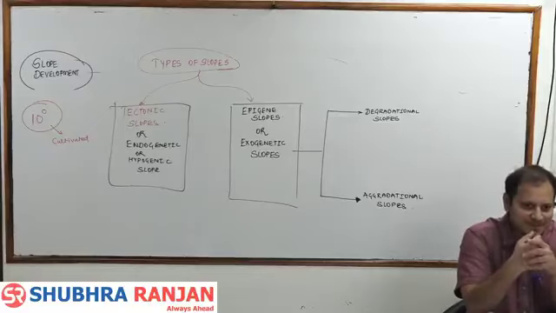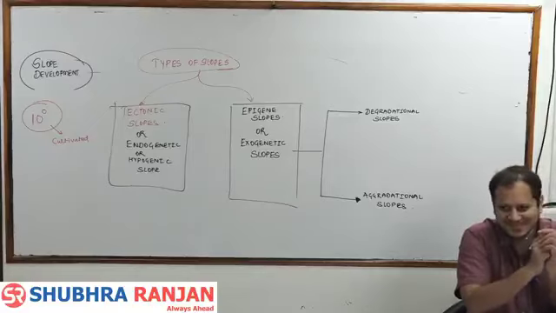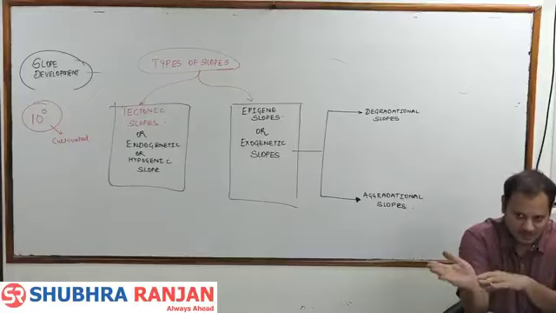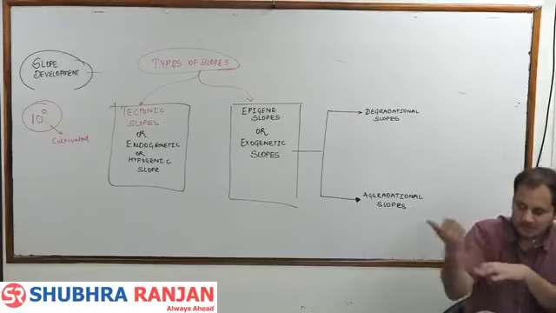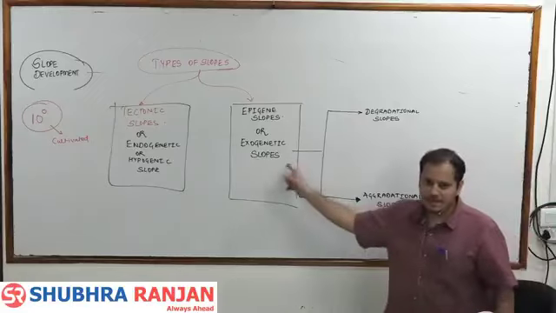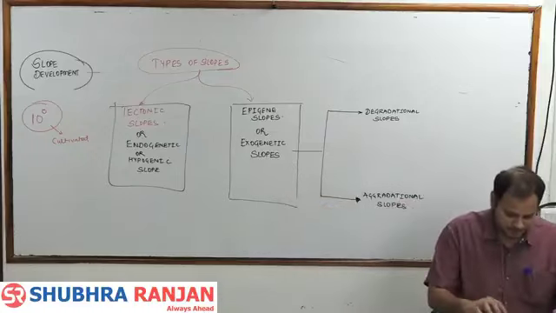And aggradation means the material which has been eroded in the upper part has been deposited at some other part. So this is formed due to cutting, and this is formed due to deposition of materials, but both of them are examples of epigene slopes.